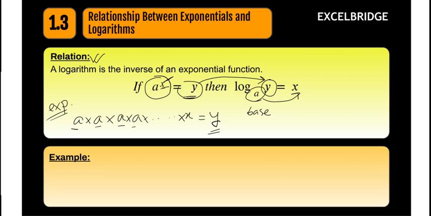So the logarithmic value is the number of times you need to multiply the base to get the number y.